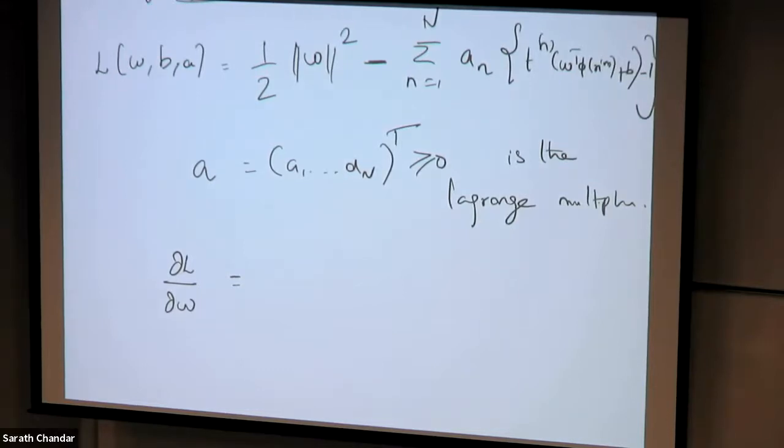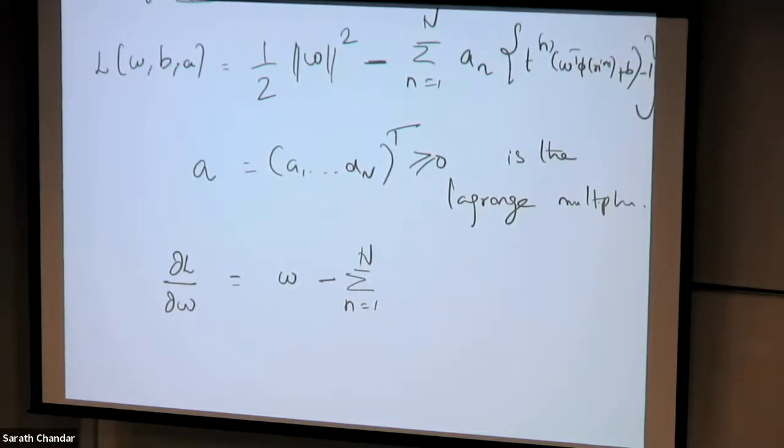It's just W, right? So you have W, and there is a minus summation over N is equal to 1 to capital N.